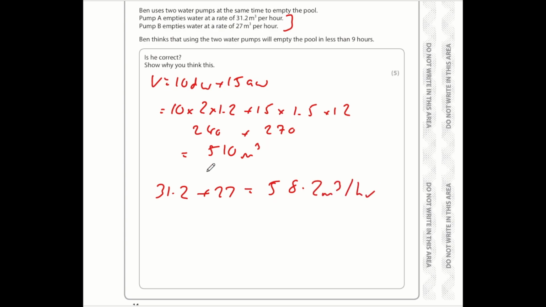So how long is it going to take to clear 510 cubic meters? Well, how many 58.2s go into 510? What is 510 divided by 58.2? And the answer is 8.7 something something. We only need to say, is it less than 9 hours? So Ben is correct.